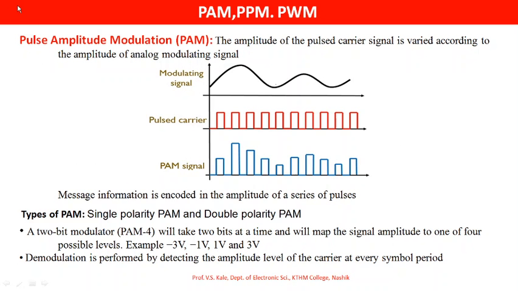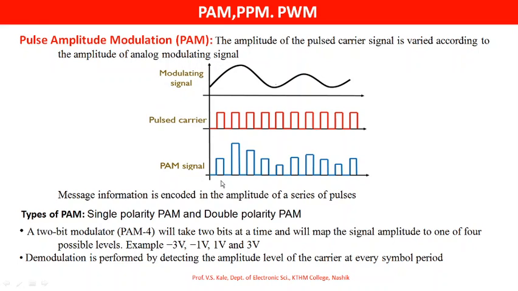Now we'll start the first topic of Unit 2, that is pulse amplitude modulation, in short PAM. In PAM, the amplitude of the pulse carrier signal is varied according to the amplitude of the analog modulating signal.